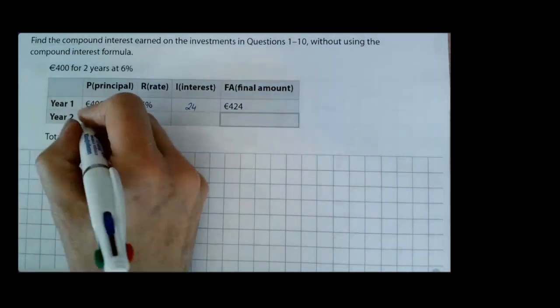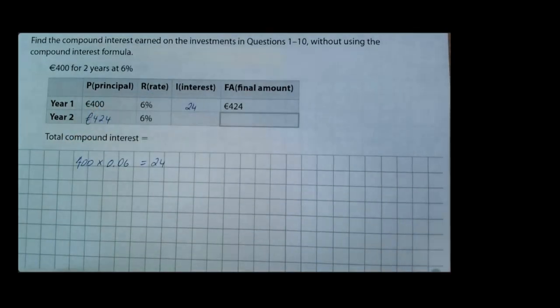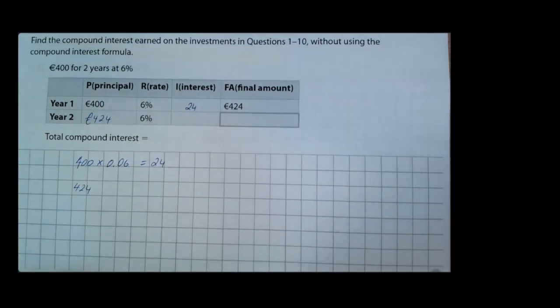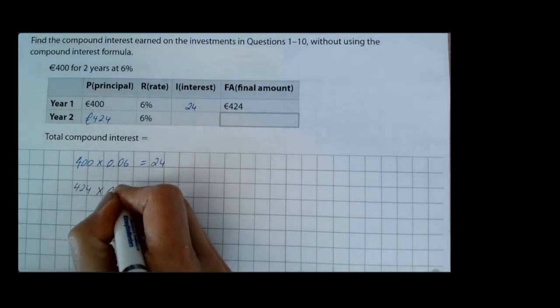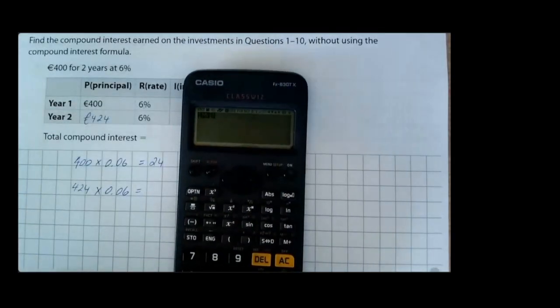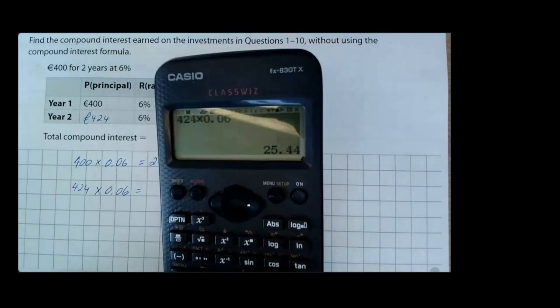Now, then in year 2, of course, I'm starting off now with 424 euros. And what I want to do now is increase by 6% again. So find the 6% first. So 424 times 0.06. And I'm getting 25.44.